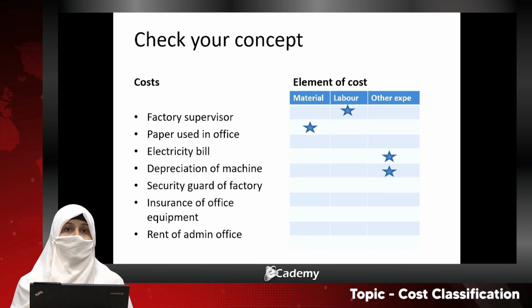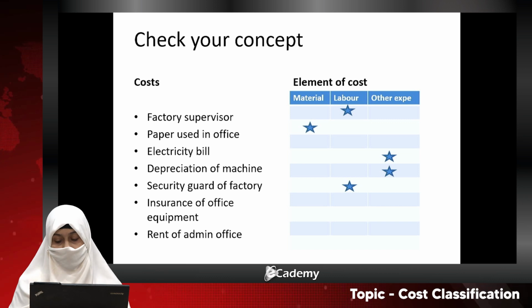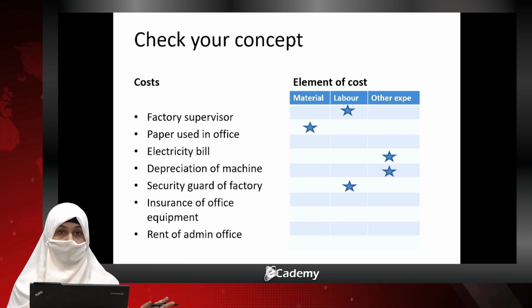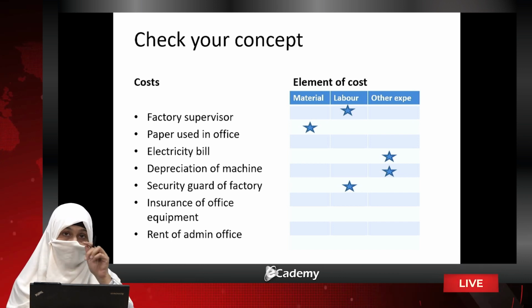Security guard of factory. A security guard is basically a worker, an employee of an organization, so it's labor. One thing I would like to clear: when I was dealing with this in my classroom, a student asked that if I am buying petrol for my generator, then it's being used on a thing.